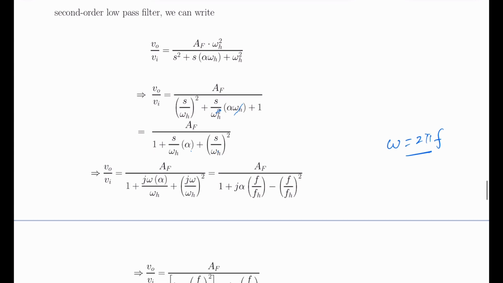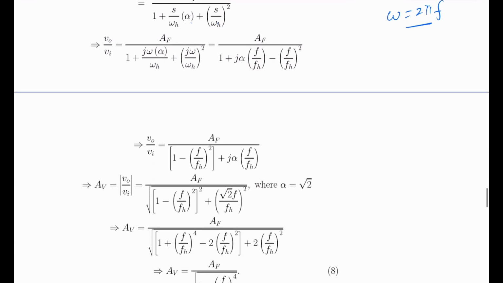Okay, so we have Vo upon Vi is AF upon 1 minus (F upon Fh) whole square. This term is real and this is imaginary, plus j alpha F upon Fh. So the mod of this will be AV equal to Vo upon Vi.